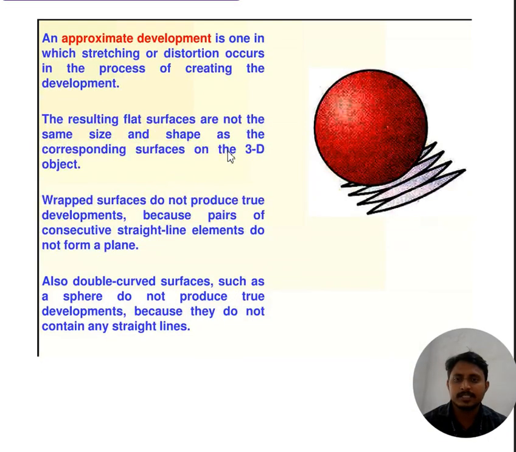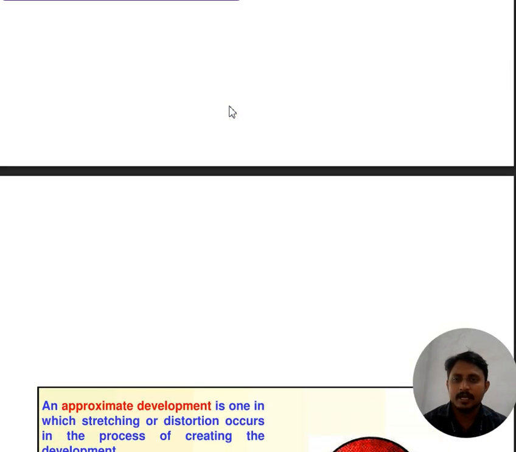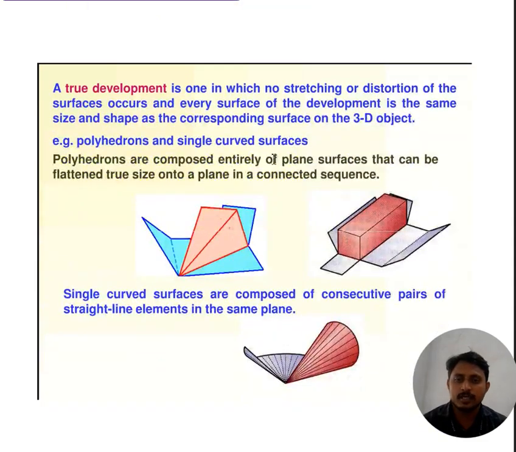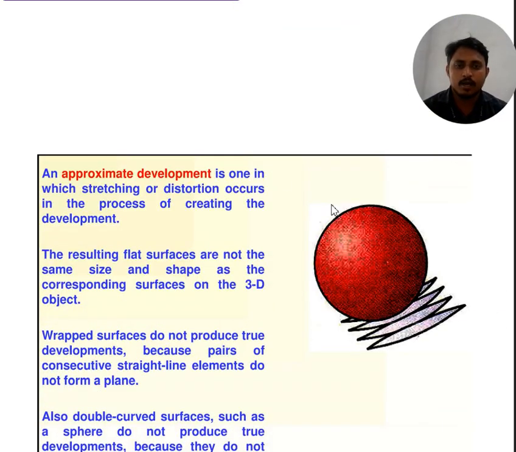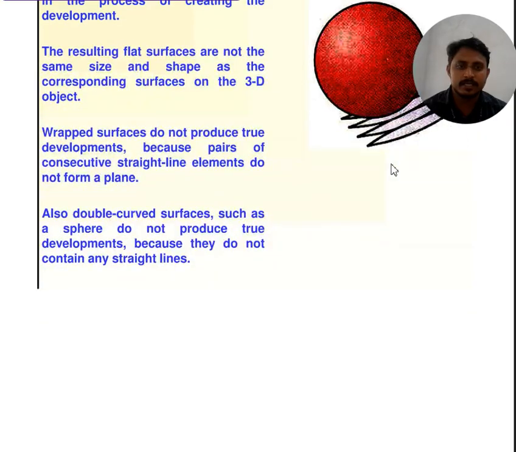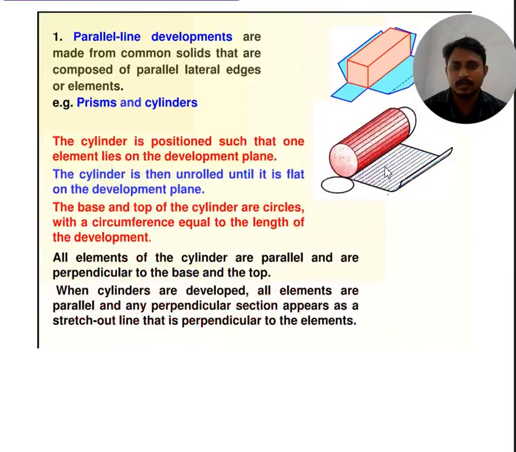Coming to the next one, approximate development: these involve stretching or distortion in the process of creating the development. So in true development there is no stretching, and in approximate development there is some stretching.